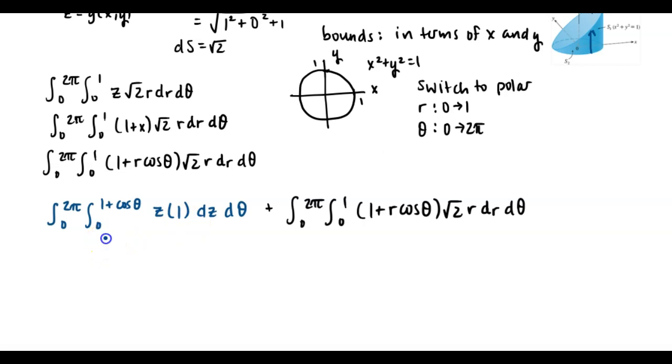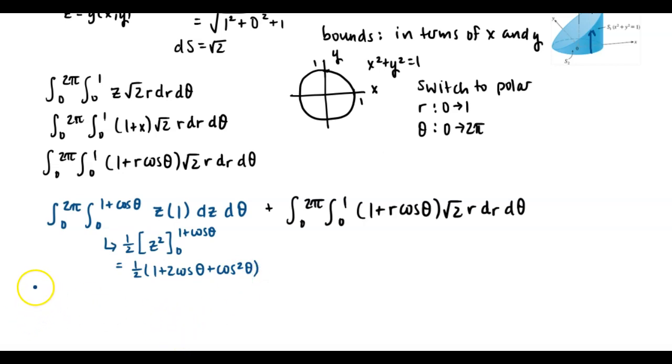This z, starting with the inside, is going to turn into 1/2 z squared as z goes from 0 to 1 plus the cosine of theta, which is going to turn into 1/2 times 1 plus 2 cosine theta plus the cosine of theta squared.